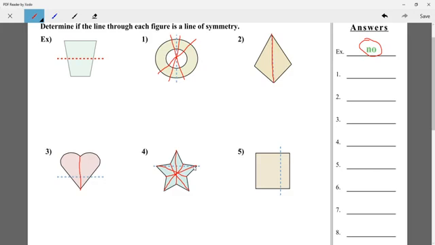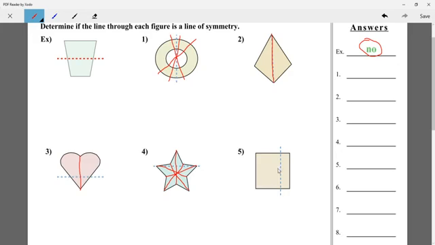I know they're not perfectly drawn, but you can kind of see, and you can kind of turn your head to see, oh yeah, okay. If you turn your head a bit, you can see that each of these should be a line of symmetry, as long as it's drawn properly. Right?